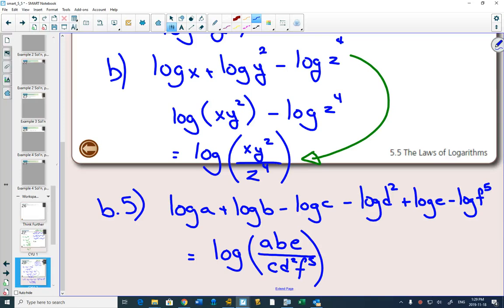Any ideas? Anything that was negative, whenever you're subtracting, that always ends up in your denominator. Anything that's positive, the A, the B, and the E, those all end up in your numerator. Nice. Perfect.